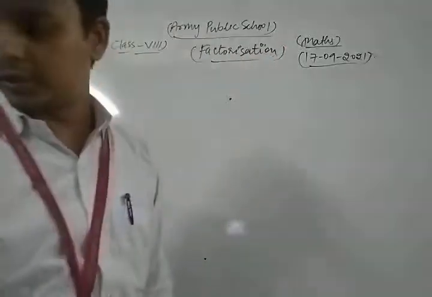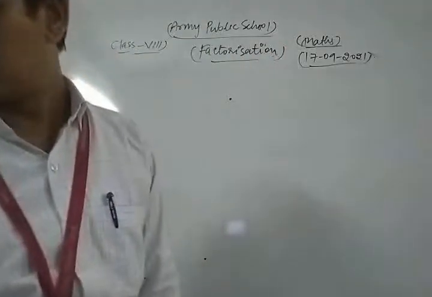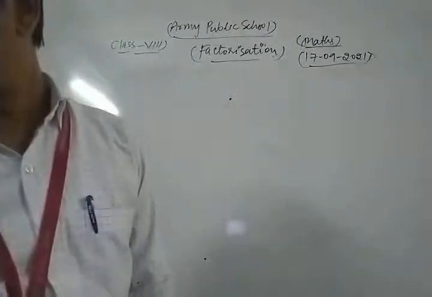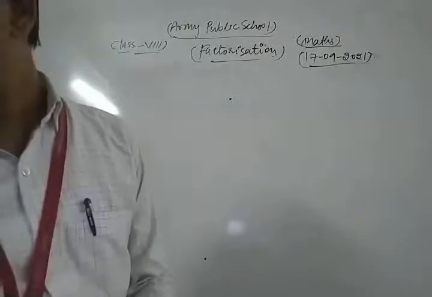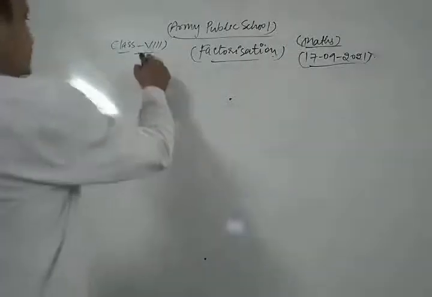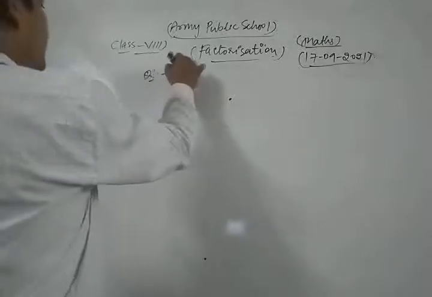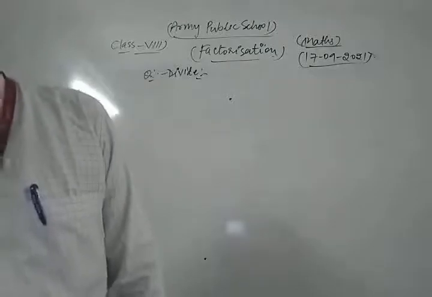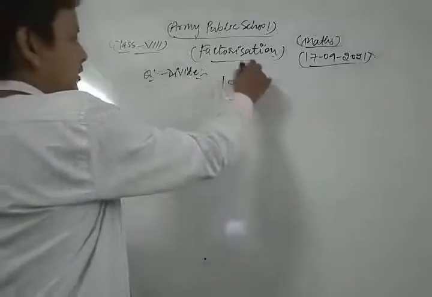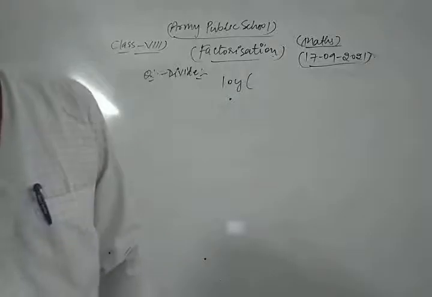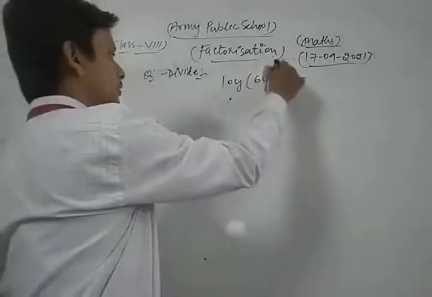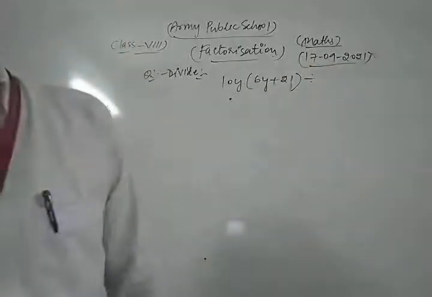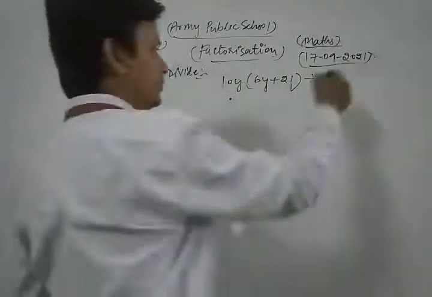Now the question is: divide 10y in bracket 6y plus 21 by 5 in bracket 2y plus 7.